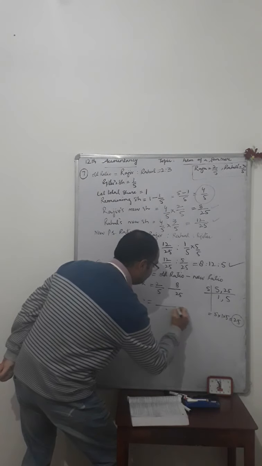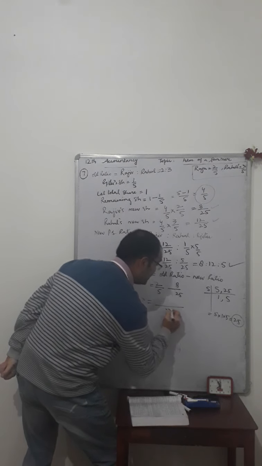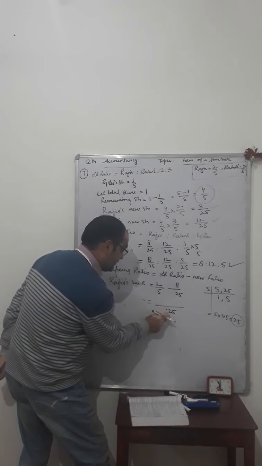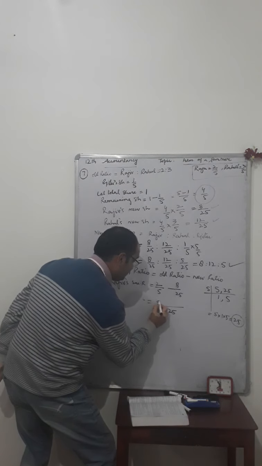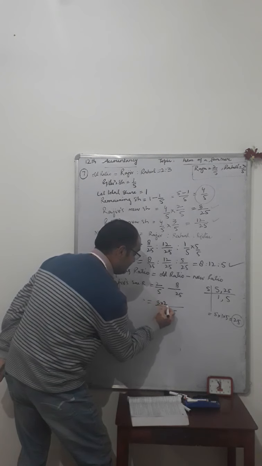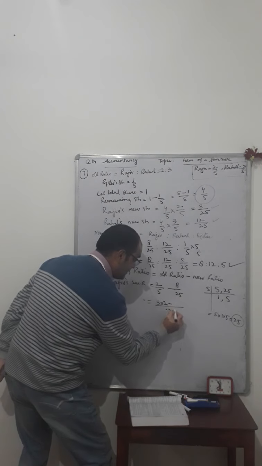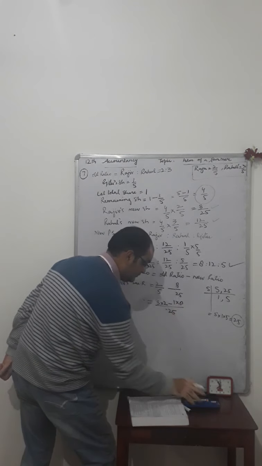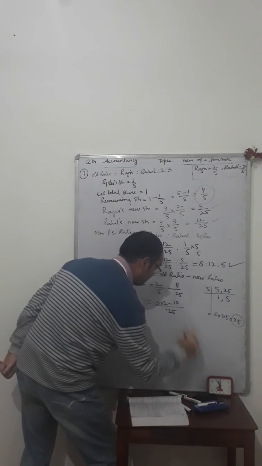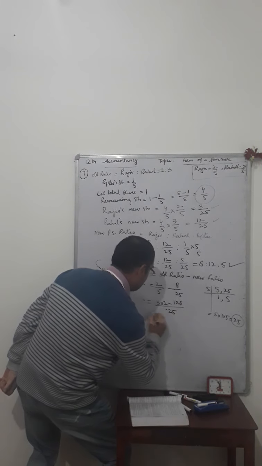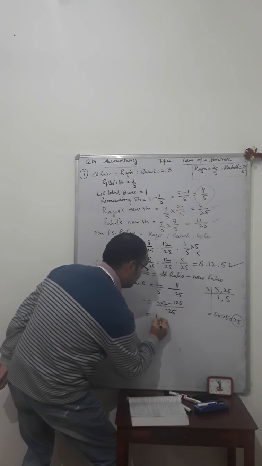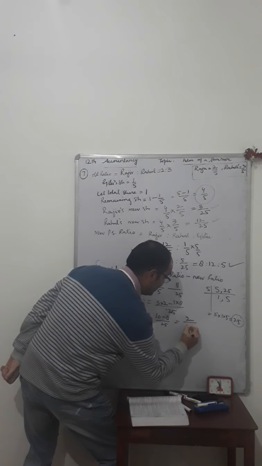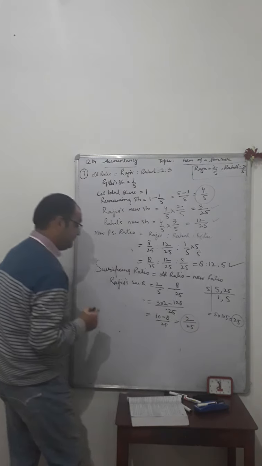Taking 25 as LCM, 5 fives are 25, that is 5 into this 2, minus 25 ones are 25, 1 into this 8, which is equal to 5 twos are 10 minus 8 by 25, which is equal to 2 by 25. One result here.